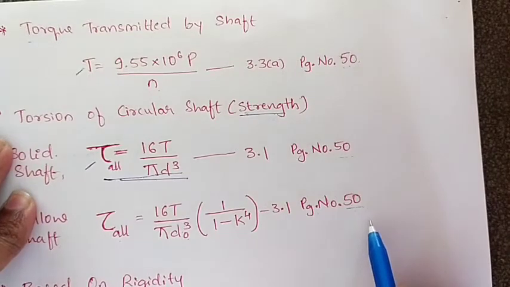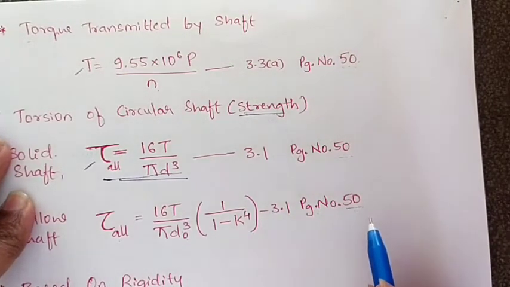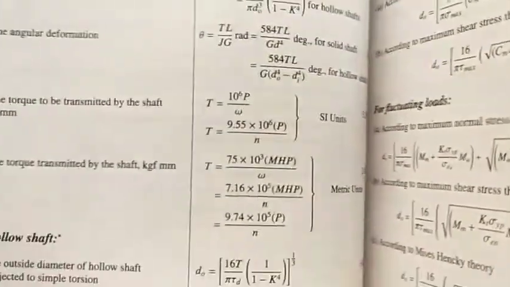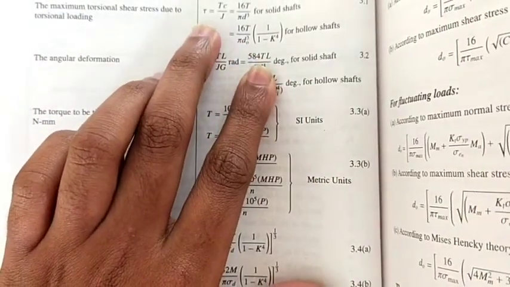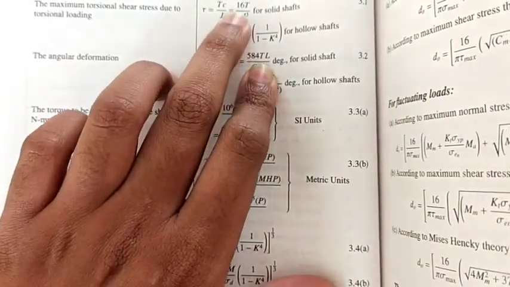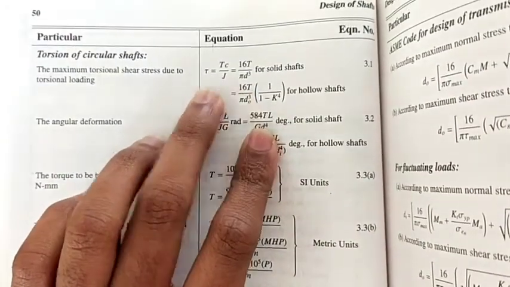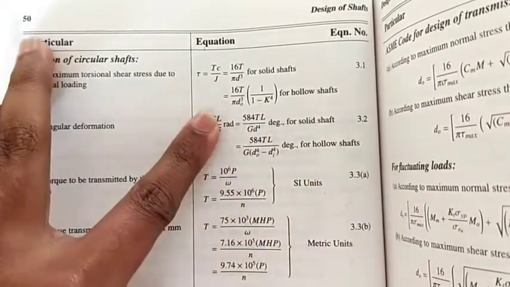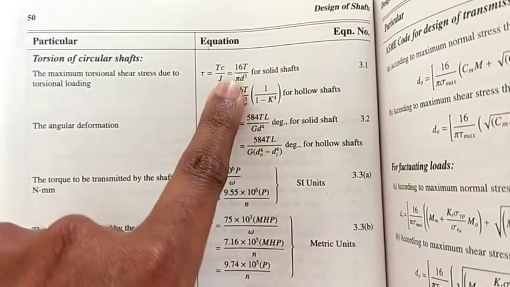All these formulas are also in the data handbook, as I have shown. One more time, if you want, I can show you. The first formula is allowable shear stress equal to 16T divided by pi d cubed. This is equation number 3.1, on page number 50, and it is based on shear strength.